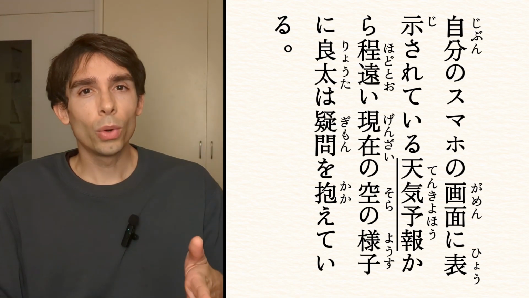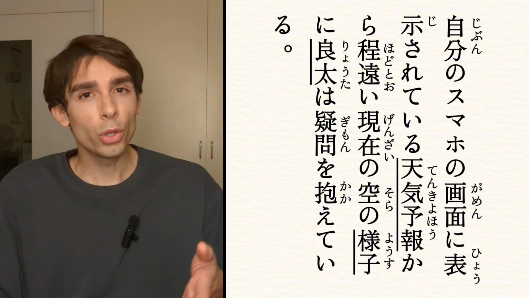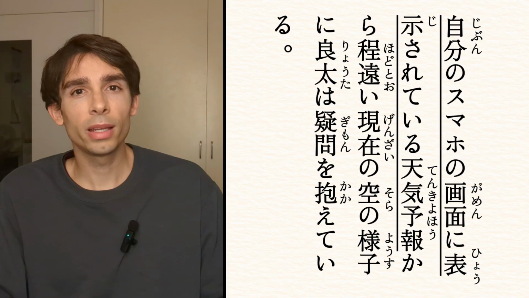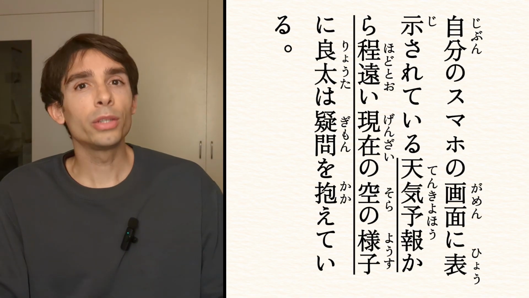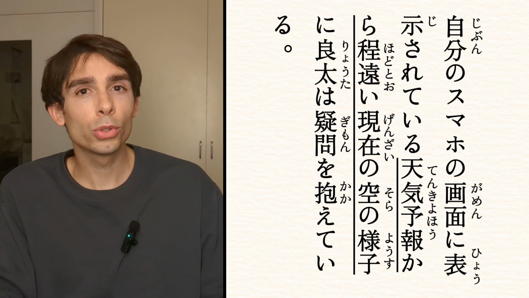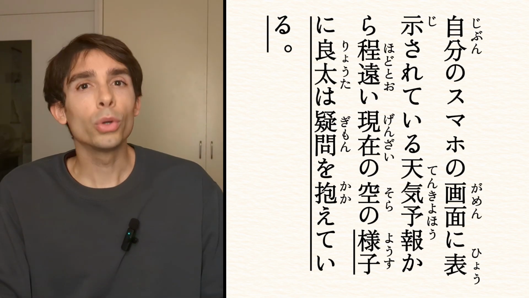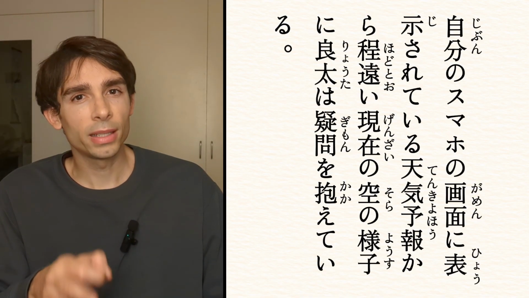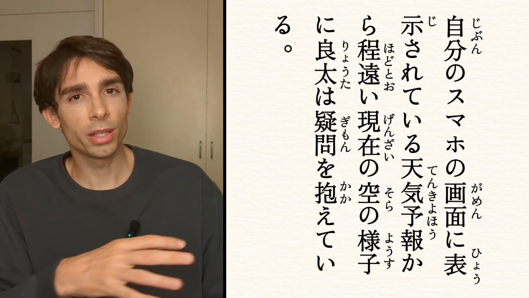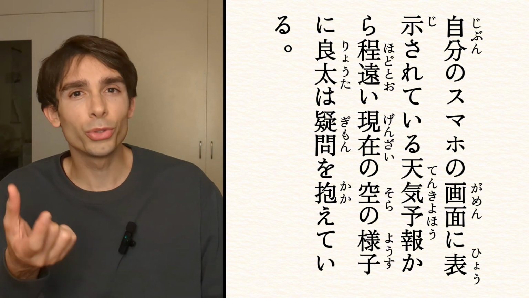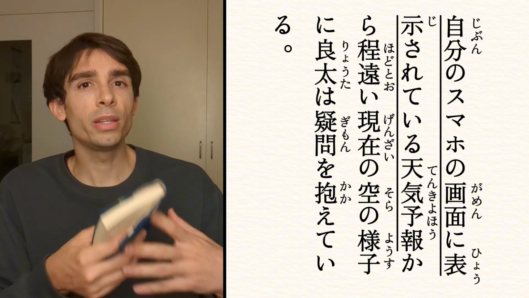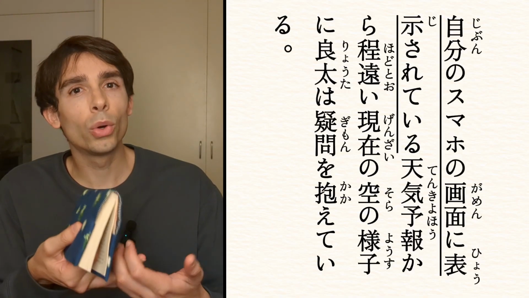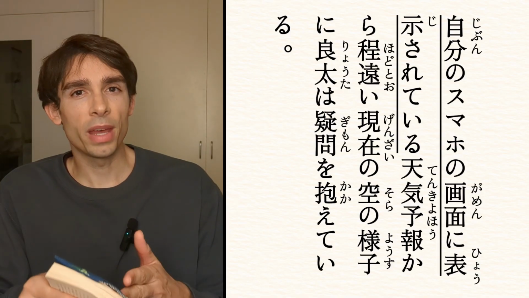Yeah, 天気予報、様子 and 良太 are the correct answers here. 自分のスマホの画面に表示されている天気予報 and 天気予報から程遠い現在の空の様子 and 様子に良太は疑問を抱えている。By clearing each one of the sentences in isolation, it's much easier to get the bigger picture, don't you think? 自分のスマホの画面に表示されている天気予報。First, I described that 天気予報。Now, I further expand from that.